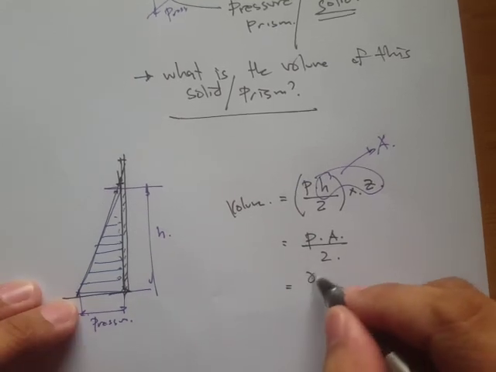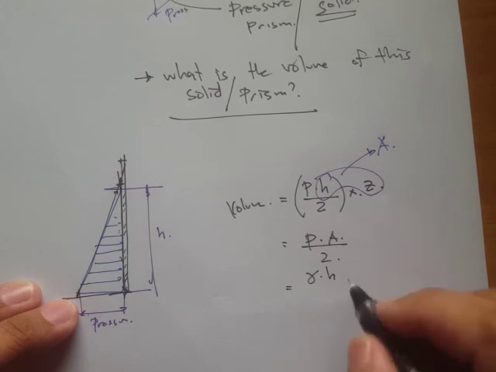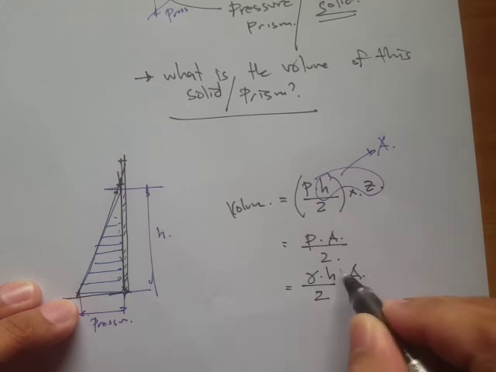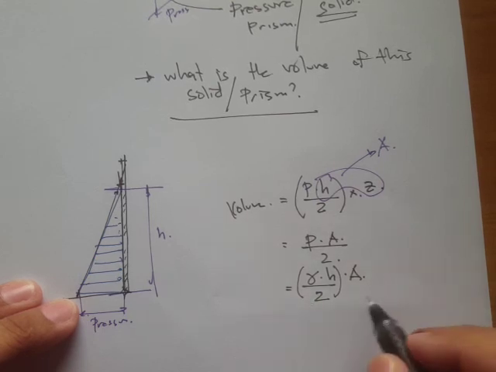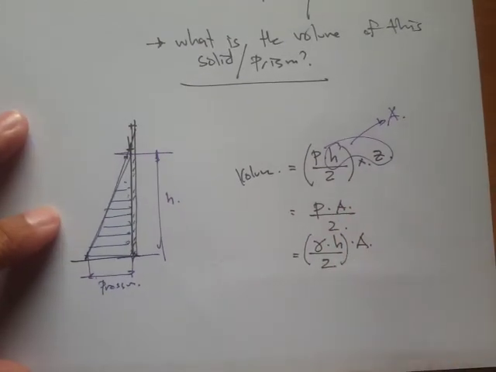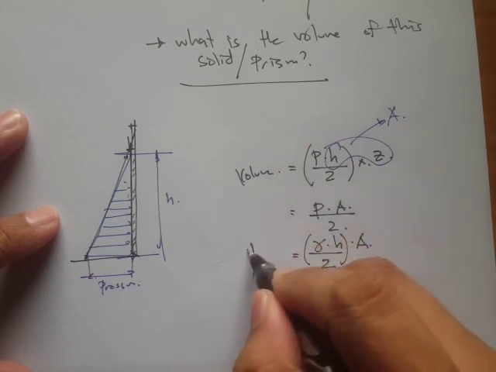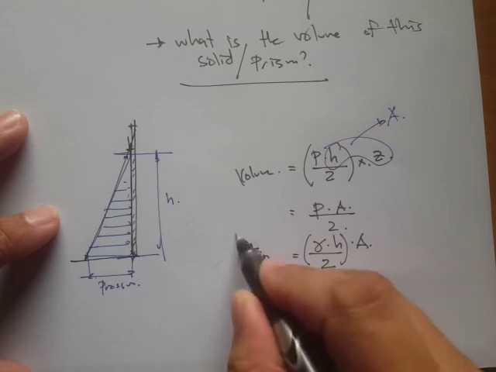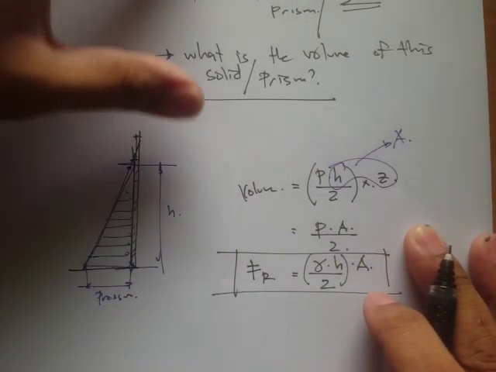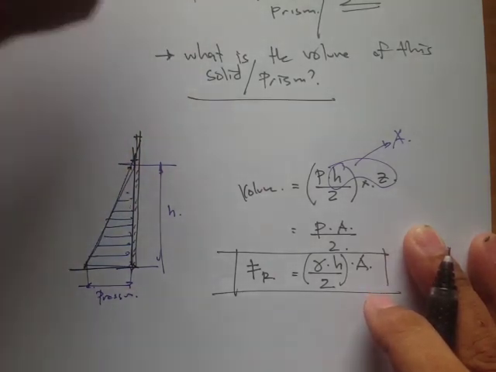P is simply the hydrostatic equation, the unit weight times the height, right, times the area all over 2. Okay, and it is now clear to us that this volume is actually the total force, the amount of force that's acting on this area, okay, given a pressure.